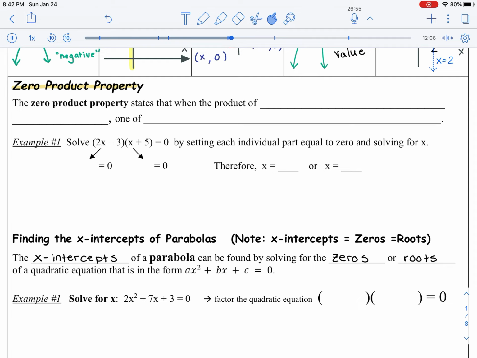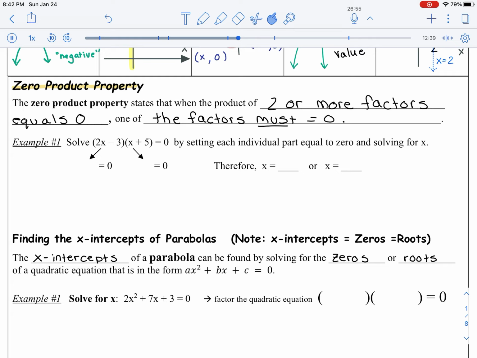And the zero product property tells me that when the product of two or more factors equals 0, one of the factors must equal 0.